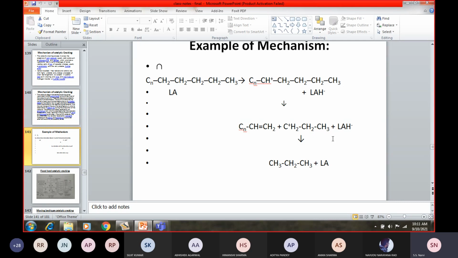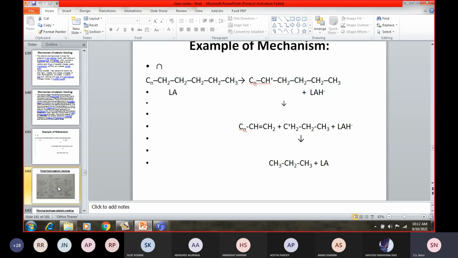This then fragments into another carbocation and a molecule of a simple lower molecular weight component. Then this L minus combines with this one, forming a neutral molecule, and the catalyst is regenerated.